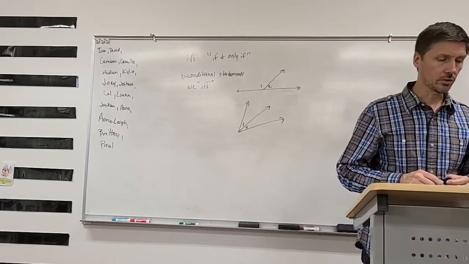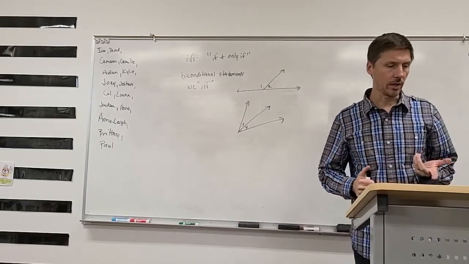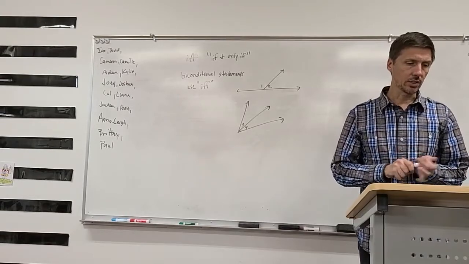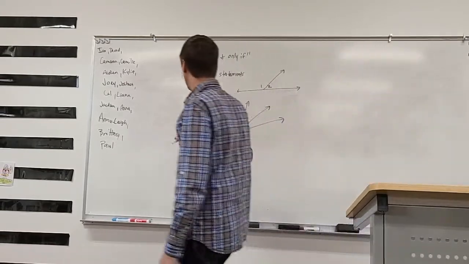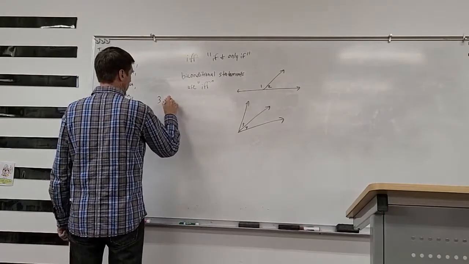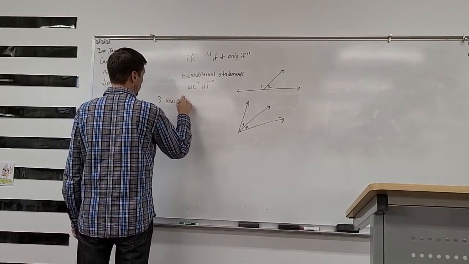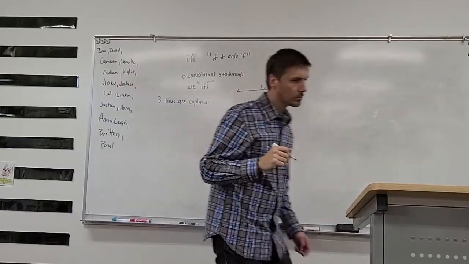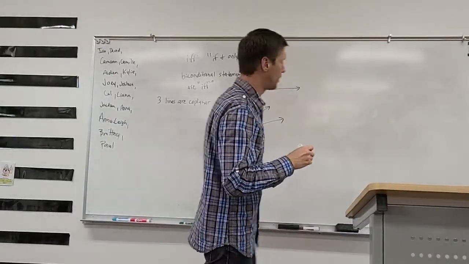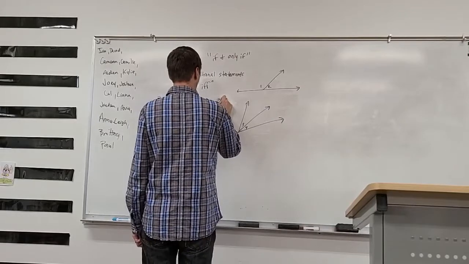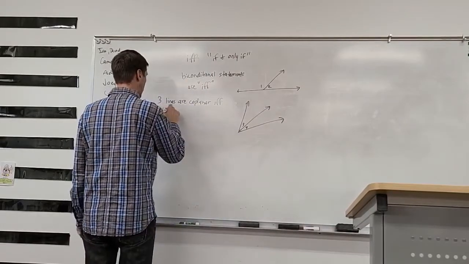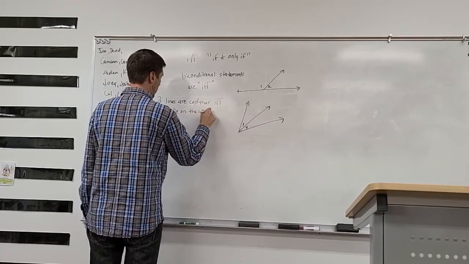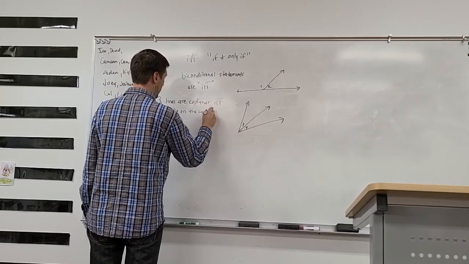So the biconditional statement below, they give an example here, can be written as a conditional statement and its converse. And here's the biconditional statement. Three lines are coplanar if and only if, IFF, they lie on the same plane.